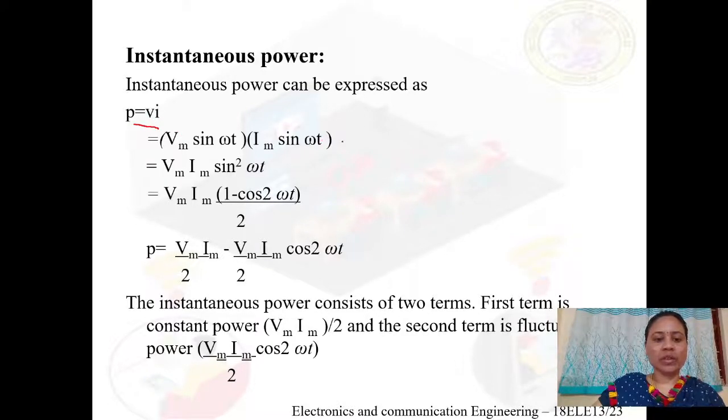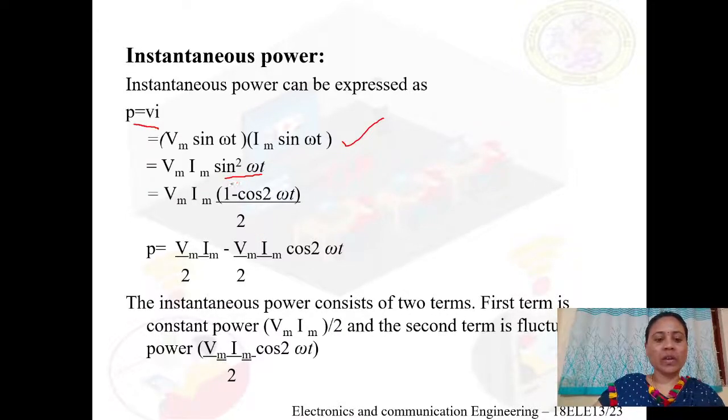V is Vm sin omega t, I is Im sin omega t. Now sin omega t into sin omega t is sin square omega t. We know that sin square omega t is 1 minus cos 2 omega t divided by 2. Let us recall the trigonometric function: sin square theta is equal to 1 minus cos 2 theta divided by 2.